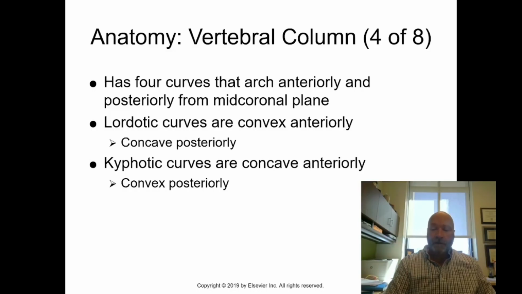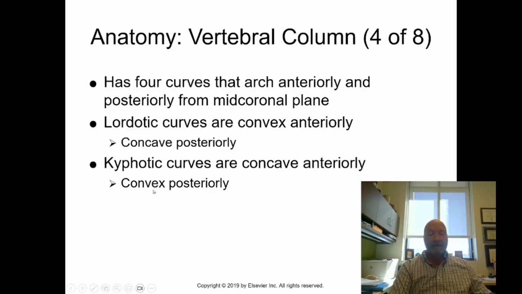I mentioned in class, just as word association, the word cave, taking the con out of it and just going with cave. A cave is basically a hole or a hollow space in a mountain where you can walk into it. So concave, think of it as being something you can go inside of. Another word association that I use is, when somebody flexes their muscle and the muscle bulges, we call that flexing.